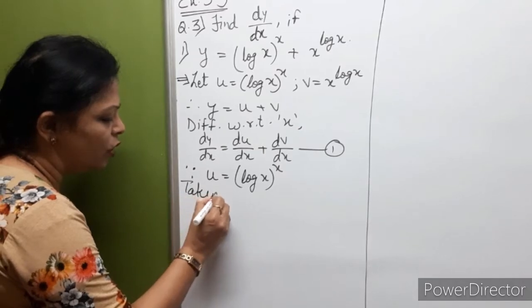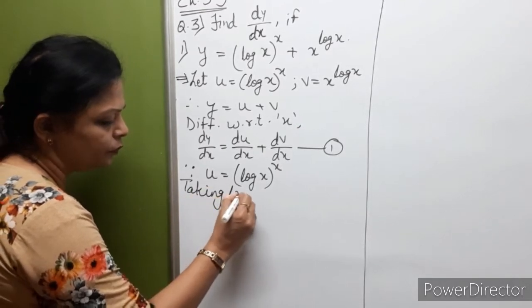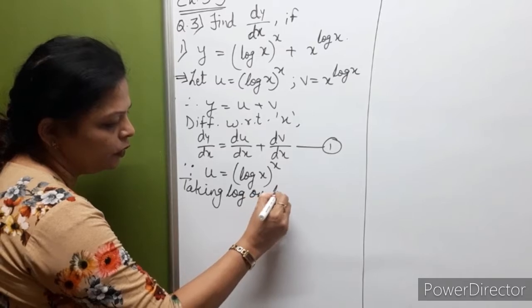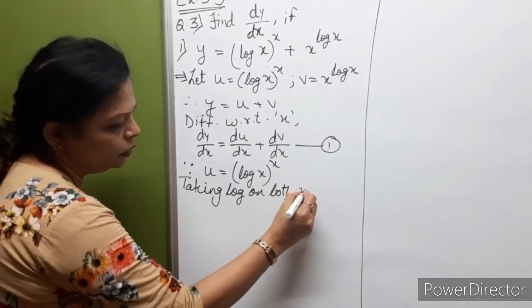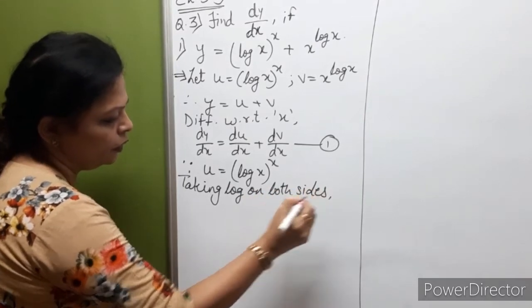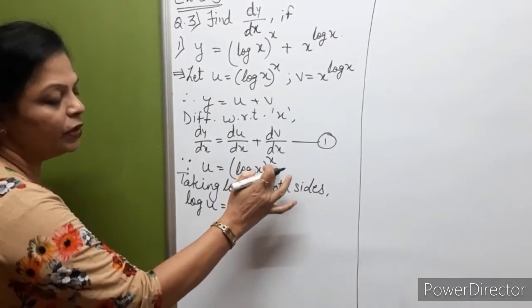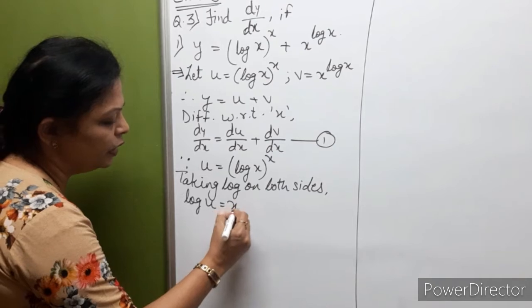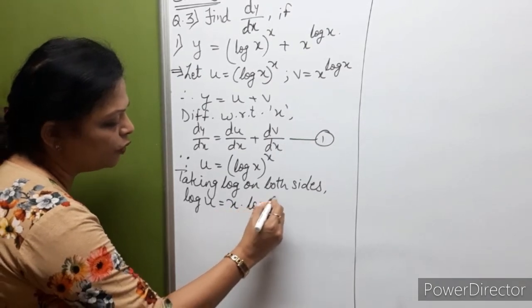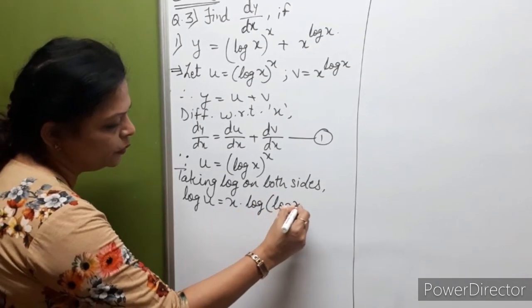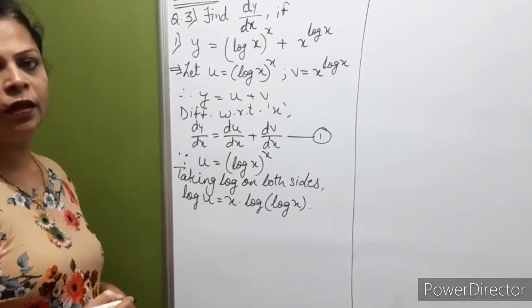Taking log on both sides, log u is equal to, now you know this x will come for multiplication, x into log of log x. Correct?